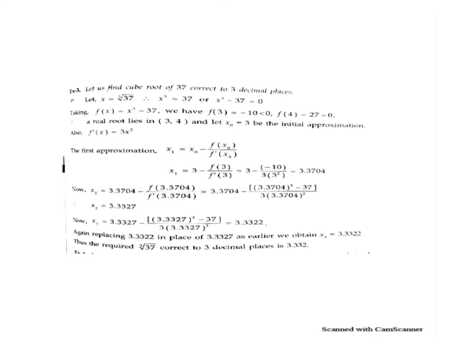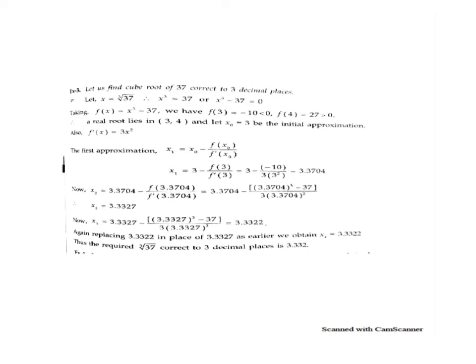Therefore we say that the root lies between 3 and 4. Now how to locate our x naught? We have to see which value is closer to 0. According to the observation, minus 10 is closer to 0 than 27. Therefore, we say that the root lies in the neighborhood of 3, and we let x naught equals 3 be the initial approximation.